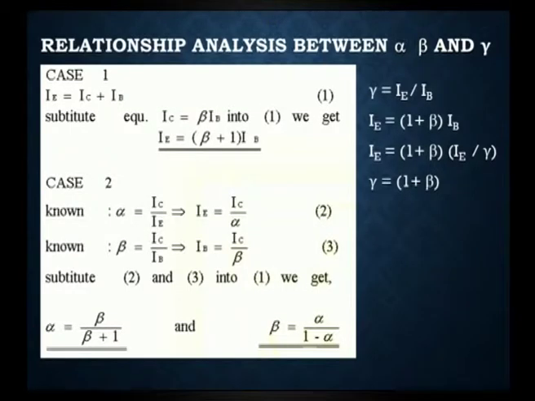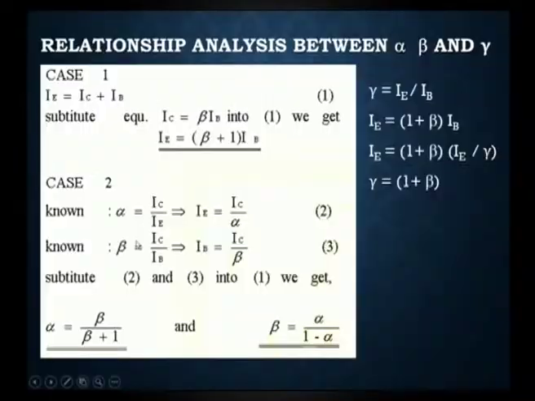So, finally, we can have the relationship between alpha, beta and gamma. Previously we studied alpha in the last session, and now we know the beta and gamma values also. So, we combine all three and make a relationship between alpha, beta and gamma.